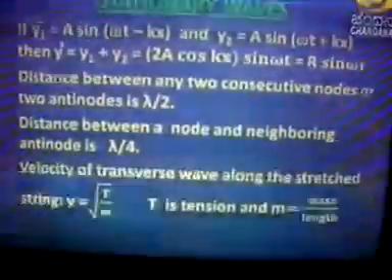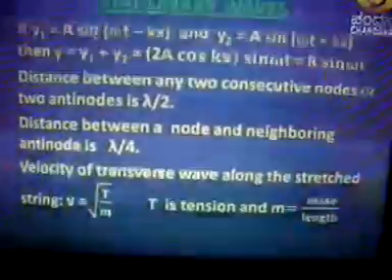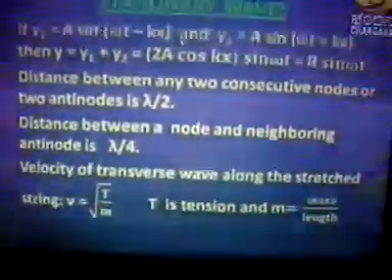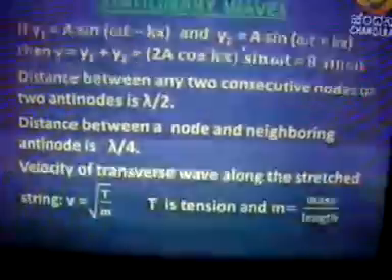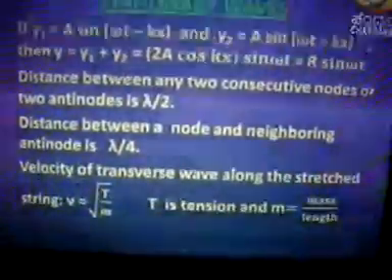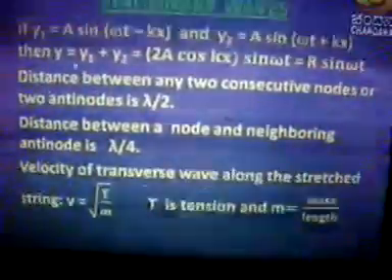Stationary waves. When two waves, one traveling along the positive x-axis denoted by the equation y1 equals a sin(omega t minus kx), and the other, y2 equals a sin(omega t plus kx), moving along the negative x-axis, that is, these two waves moving in opposite directions, are superposed, they give stationary waves.